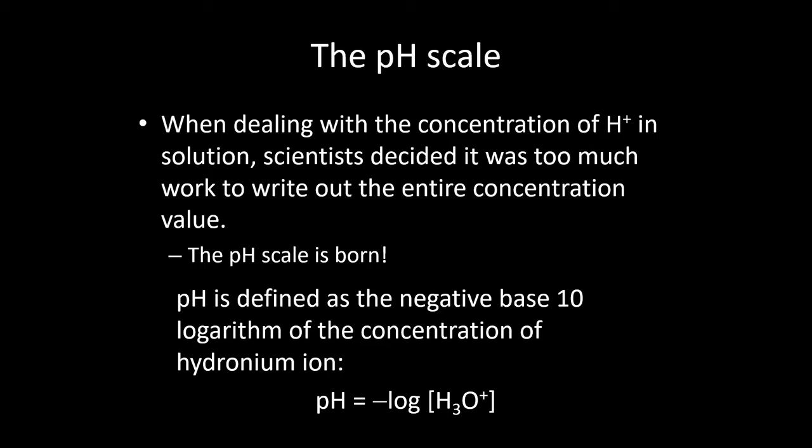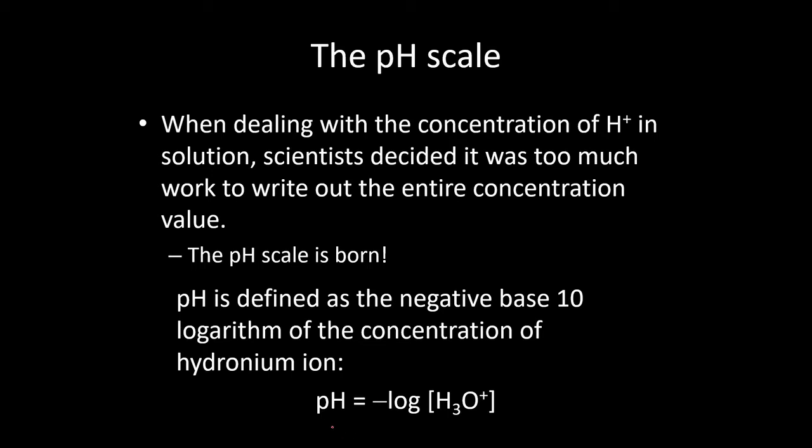So when we're dealing with the concentrations of H+ in solution, scientists decided that it was just too hard to write out the entire concentration of the H+. That scientific notation, who needs it? Let's get rid of it. And the pH scale is born. The pH is defined as the negative base 10 logarithm of the concentration of hydronium ion.